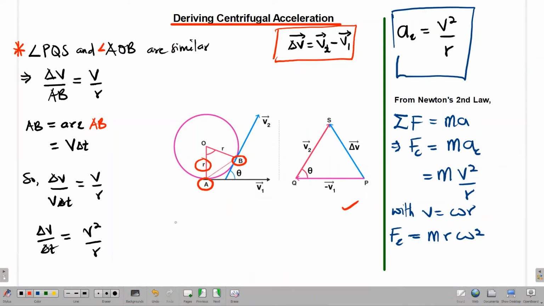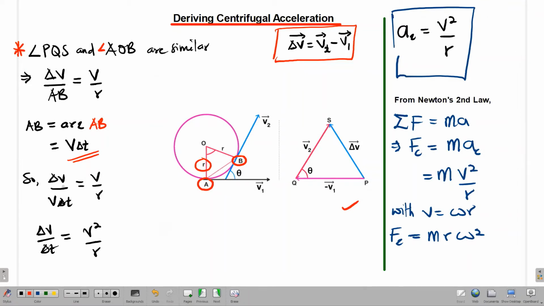That being said, we can write the change in the velocity over AB to be equal to v over r. Then AB is equal to the arc of AB, which gives us v times change in t. That change in t is a short time interval that it takes the vehicle to move from point A to B through the circular path.